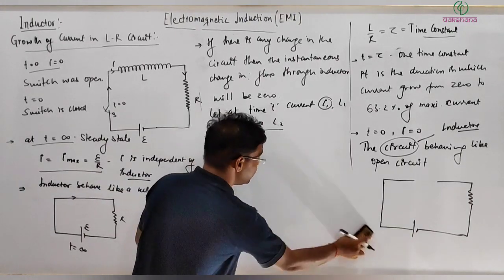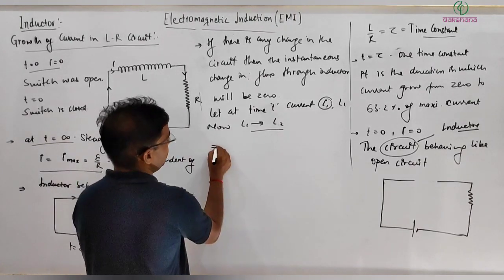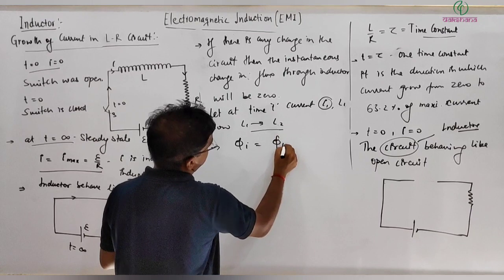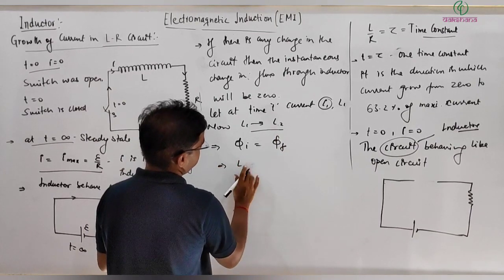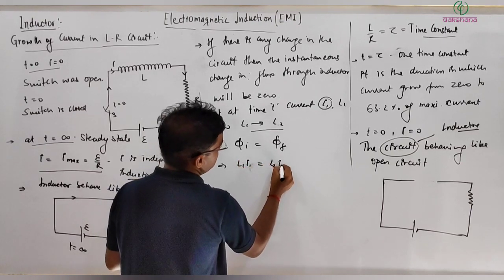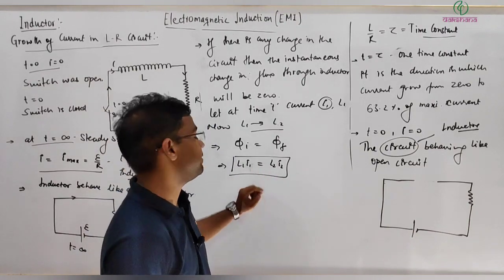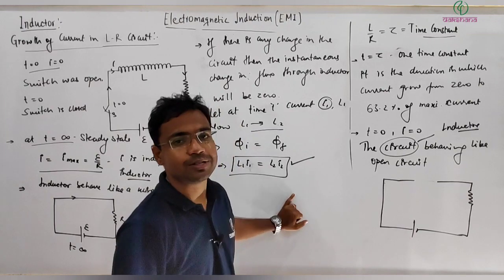I am not saying that current will not change, flux will not change. So this implies initial flux phi I should be equal to phi final, that means L1 I1 will be equal to L2 I2. So if L is changed, then I will change in such a way that flux will remain, not always, immediately constant.